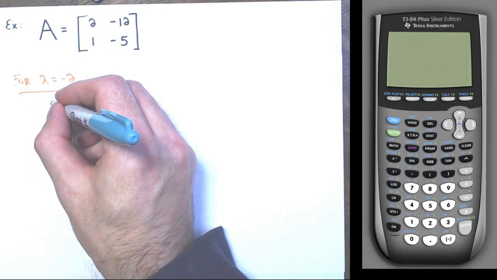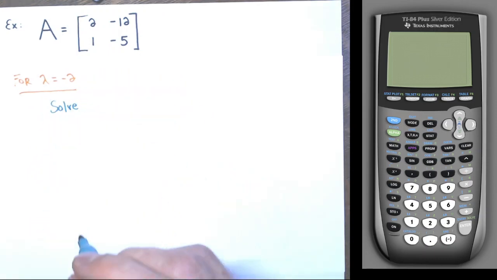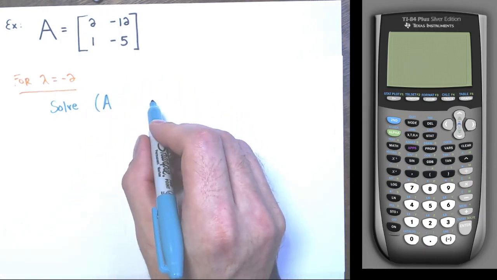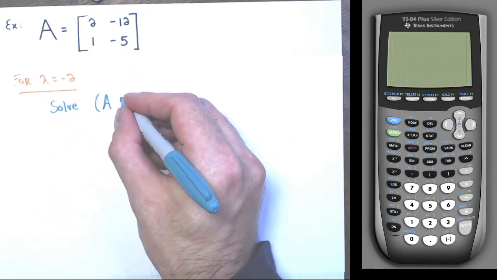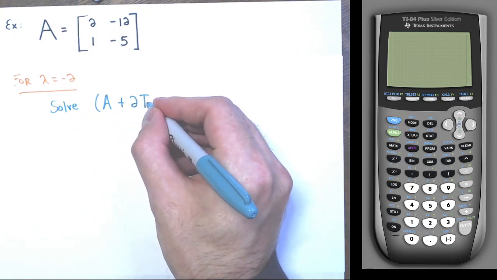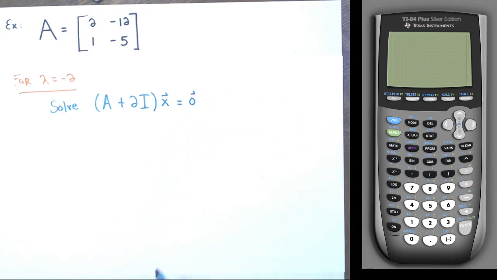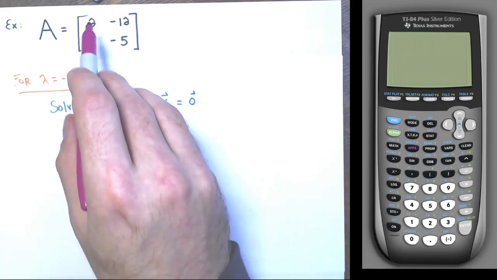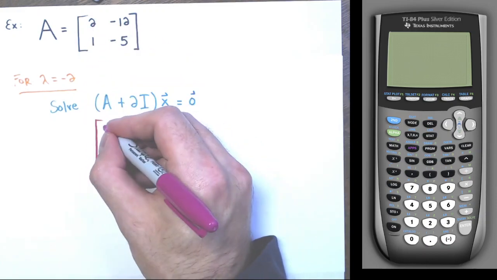So remember, in order to find eigenvectors and the eigenspace corresponding to a particular eigenvalue, you are solving this equation A minus lambda I, so minus negative 2I, so that'd be A plus 2I in this case, times some vector x equals the 0 vector. The matrix A plus 2I: you're just adding 2 to the main diagonal entries of A. So 2 plus 2, 4.